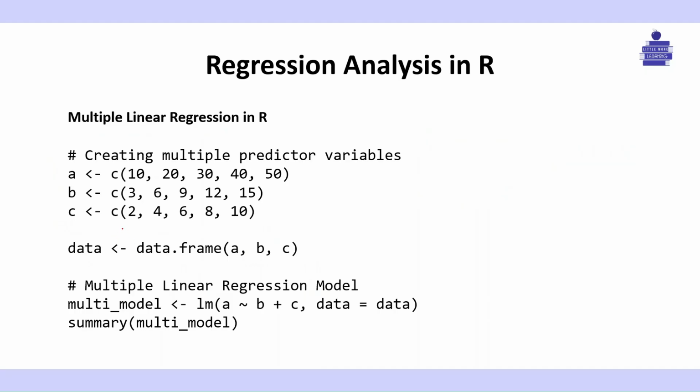Next, let us take an example of multiple linear regression in R. We are just creating multiple predictor values A, B and C and storing the following values into them. Then again, we are creating a data frame for these three components. After that, we are building up a multiple linear regression model, and similar to the simple regression model, we are just adding the three variables here, and then finally the summary function is used.